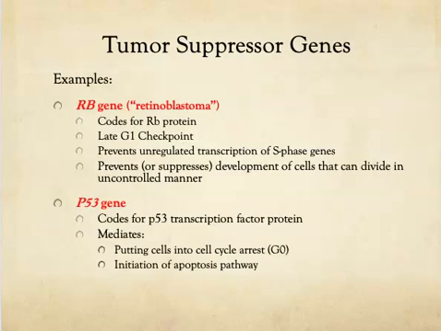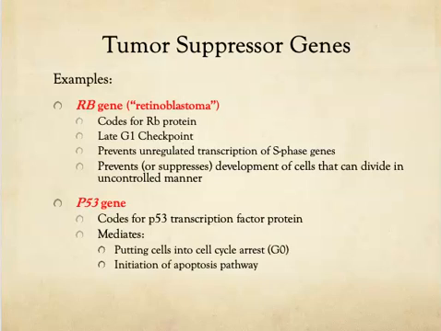The late G1 checkpoint, if you recall, is going to determine whether or not the cell is ready to move forward into the S phase. And part of that regulation involves freeing up the genes for expression that are going to create the proteins needed for S phase.